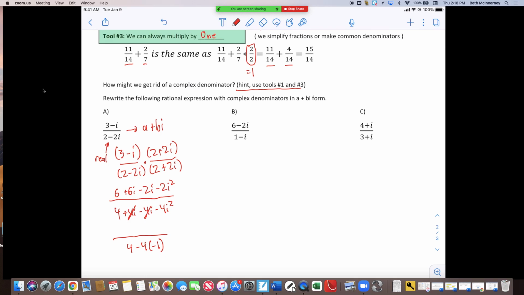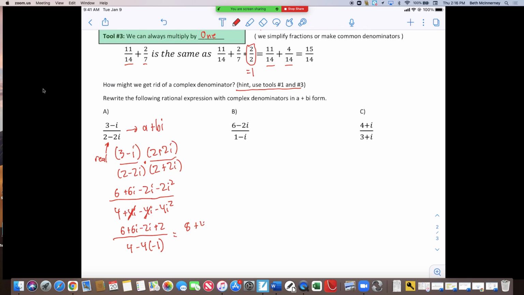And on the top, we're going to keep simplifying. 6 plus 6i minus 2i plus 2, because it's 2 minus 2i squared. That i squared term, whenever we see that i squared, we need to replace that with negative 1. Okay? So that's why this negative 2i squared becomes plus 2.